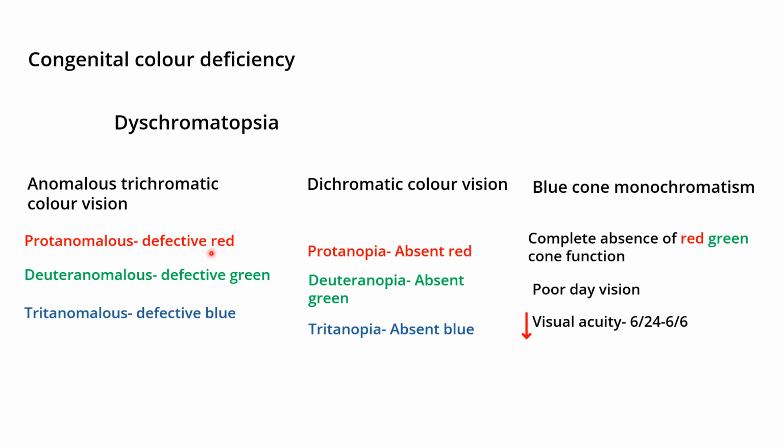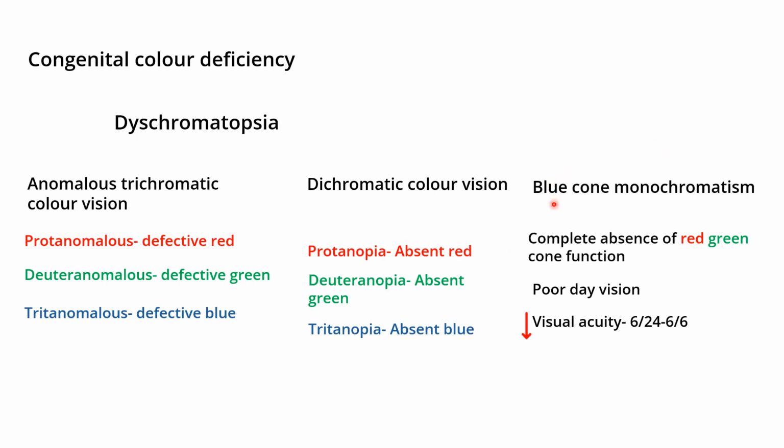So protanomalous is defective red, deuteranomalous defective green, tritanomalous defective blue. In dichromatic color vision, one is totally absent. So protanopia is absent red, they can appreciate only green and blue. Deuteranopia is absent green, tritanopia absent blue.